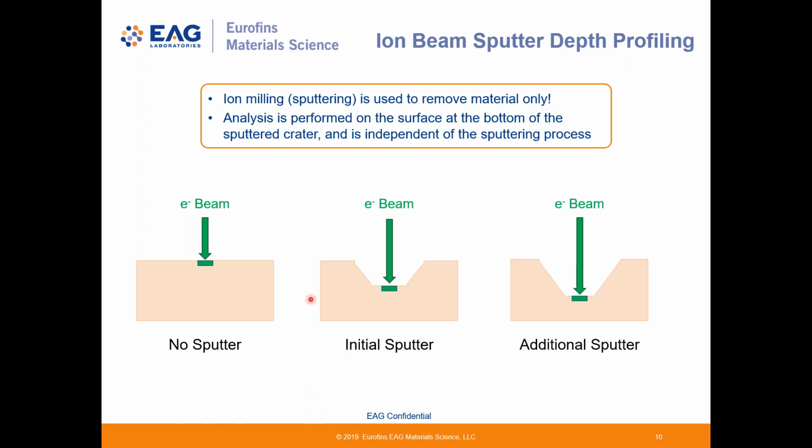A typical sputter crater is a few millimeters across, while a typical analysis area is a few microns. So this several orders of magnitude difference ensures that we are analyzing the bottom relatively flat area of the crater and not getting any contribution from the slanting sidewalls, which would degrade our depth resolution.